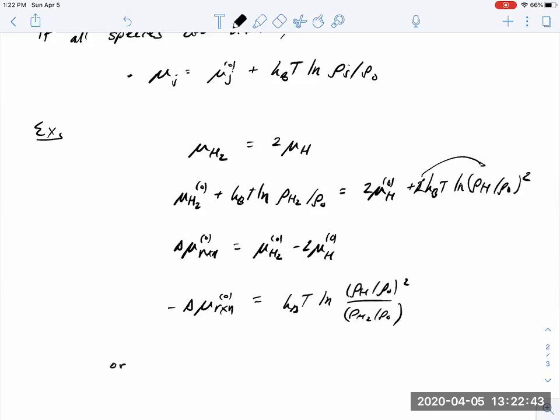Or finally, exponentiating and taking the kBT over to the other side, we have rho H quantity squared over rho H2 is equal to e to the minus beta delta mu of that reaction times a factor of that standard state density. And that is precisely what we mean by the equilibrium constant, which for a gas phase reaction will depend just on the temperature.